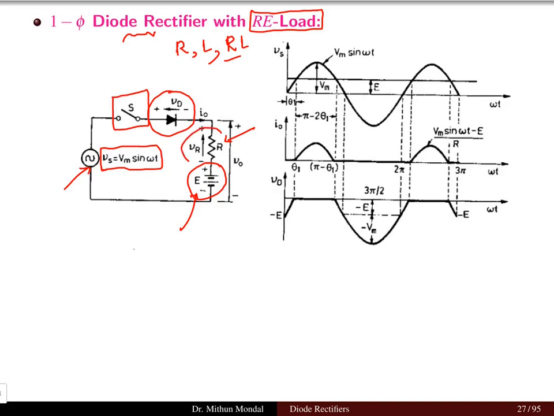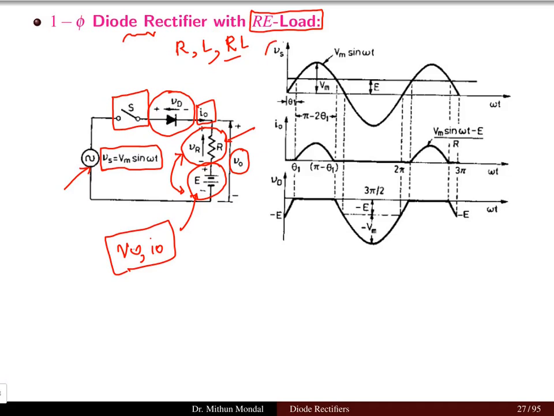The load is in the form of a resistor and a source of battery denoted by E. The output voltage is V0 and the current which is flowing is I0. The voltage V0 and I0 are basically the average voltage and the average current.